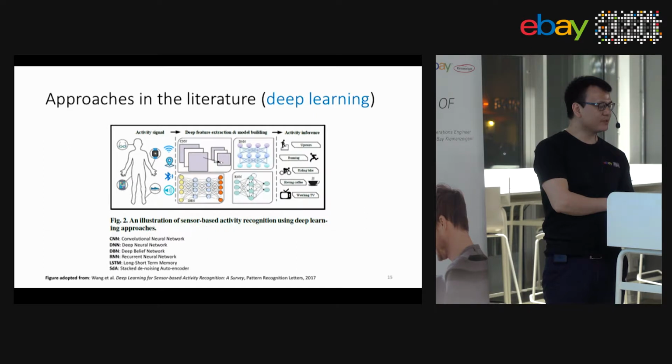The difference with deep learning is that deep learning methods merge the second column with the third column. It means there is no manual feature engineering anymore. All the features used by the classifier are automatically learned within the neural network.